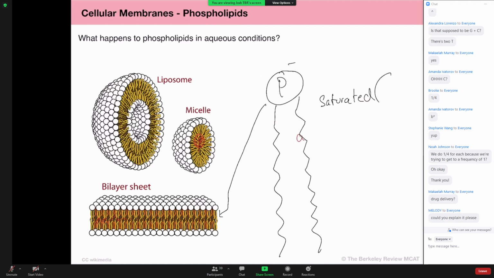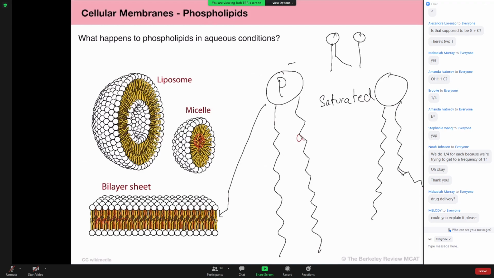a phospholipid where all of a sudden you have a double bond, and it sends your tail off this way.